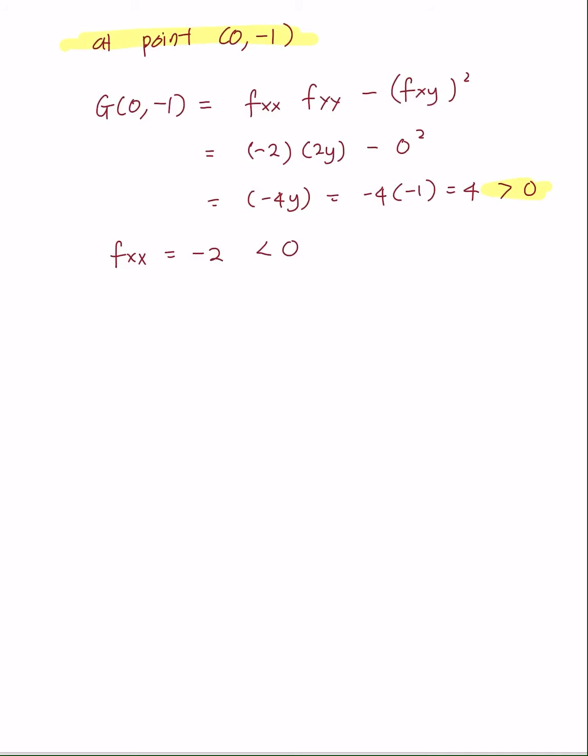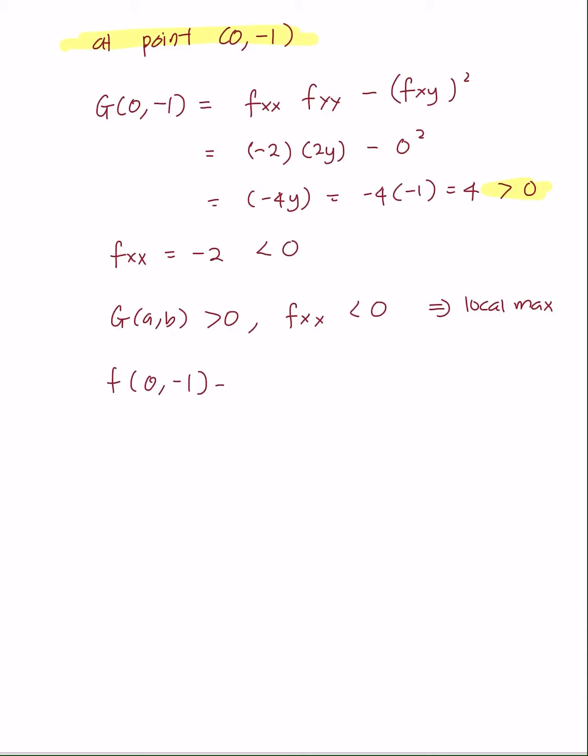So we have G(a, b) greater than 0 and fxx less than 0, so our conclusion is local maximum. Therefore for (0, -1), we need to calculate f at the critical point.